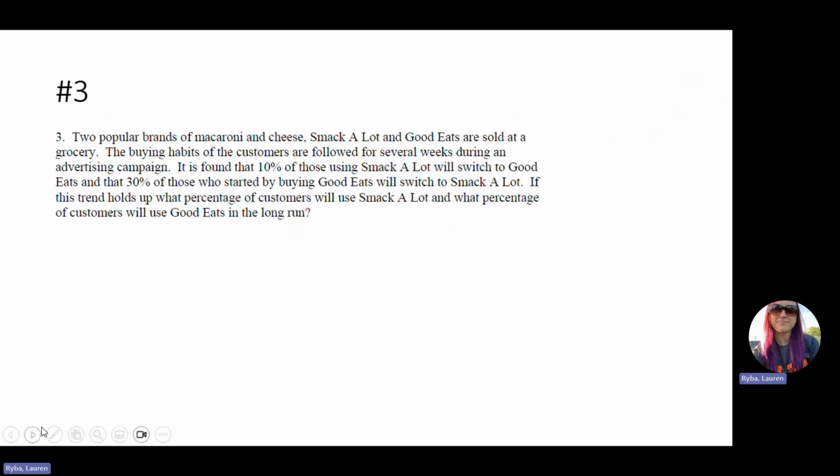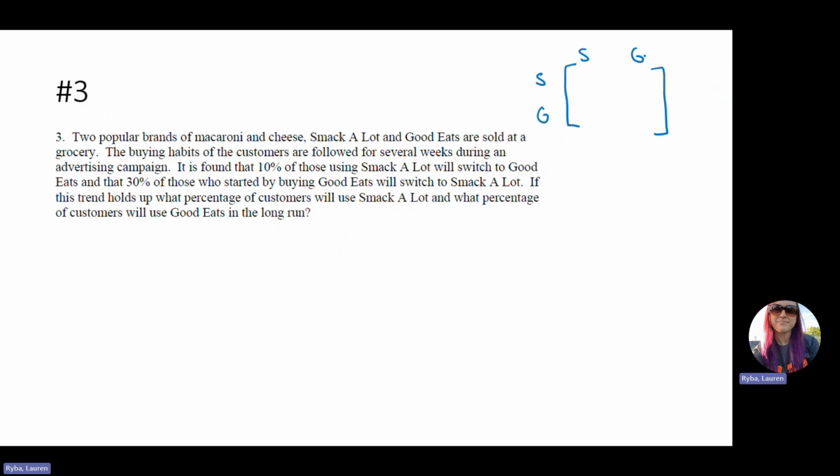Next one. Two popular brands of macaroni and cheese, Smack-A-Lot and Good Eats, are sold at the grocery store. The buying habits of customers are followed for several weeks during an advertising campaign. As I read this, I'm going to put my matrix together. So Smack-A-Lot, Good Eats.